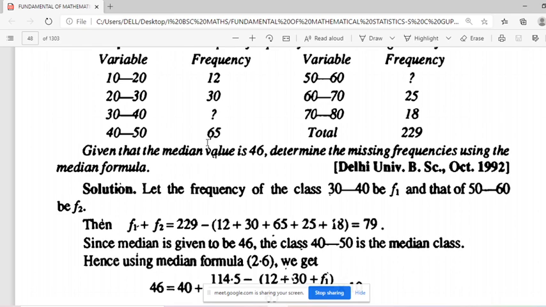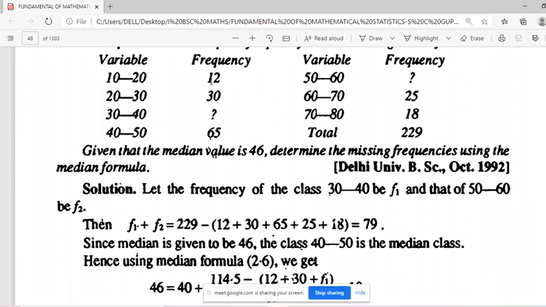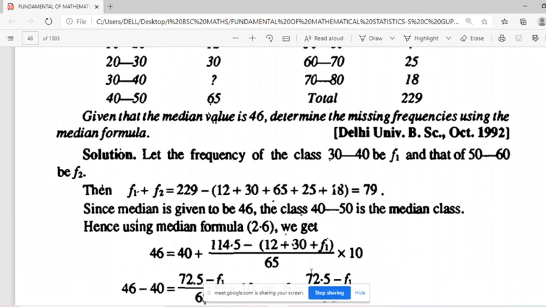Here the possibility is this class. If we identify like that, we can see that the median equals the lower limit of that class, that is 40, plus n by 2 minus m, the frequency up to the median class, 12 plus 30 plus F1, into c by f.